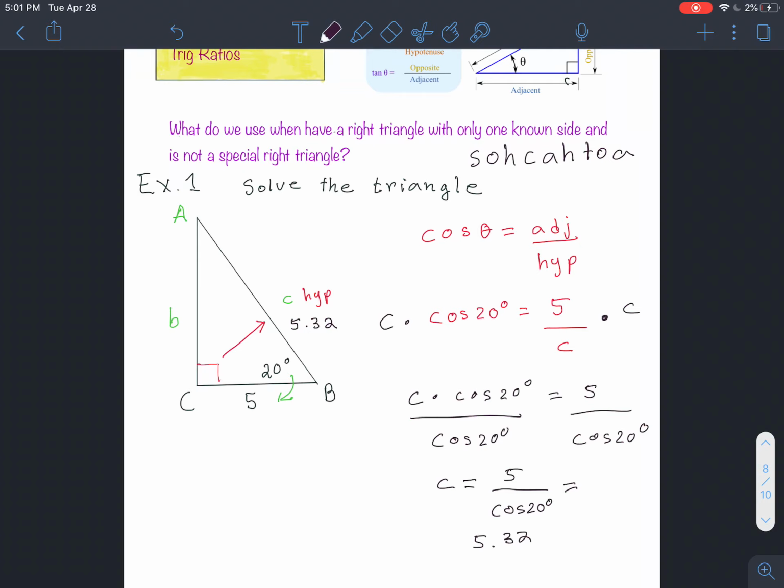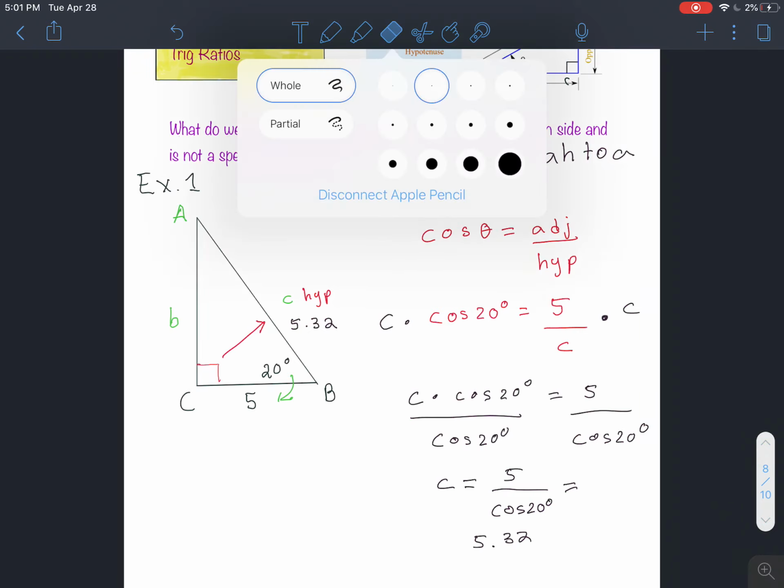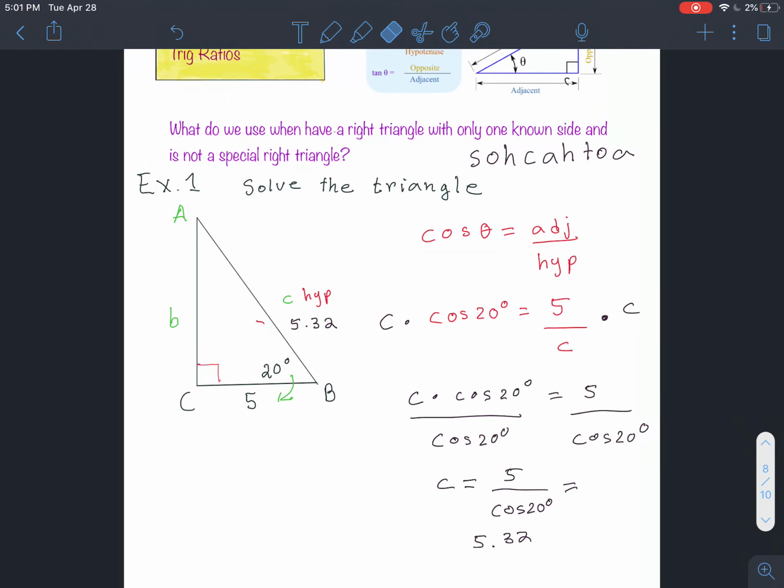So now our next goal is we need to solve for B. So the issue here is, it's not an issue, it's a good dilemma, it's a good option. We could use the Pythagorean theorem to solve for B if we wanted to. But we want to get more practice using trig ratios.